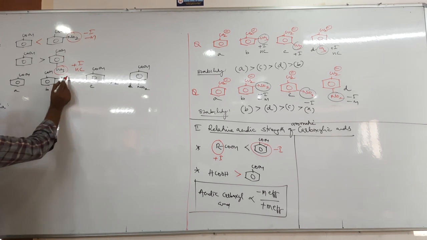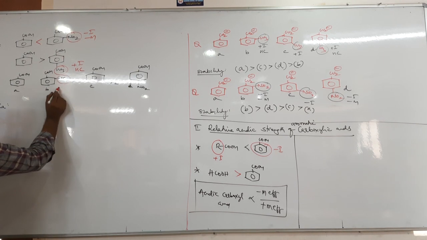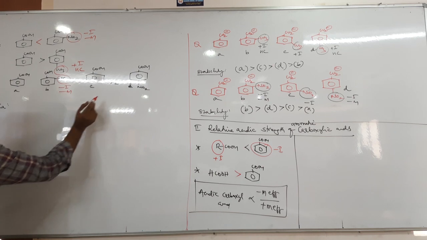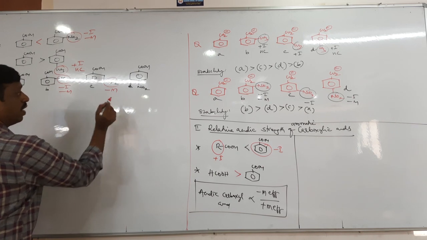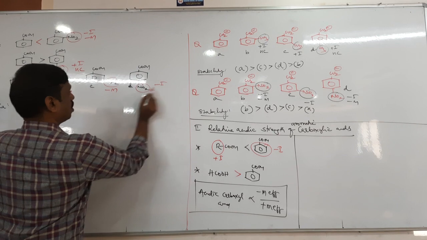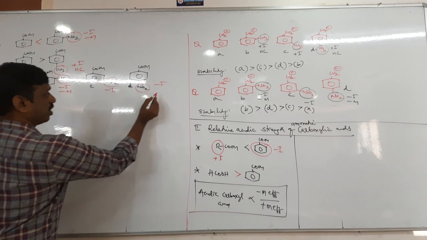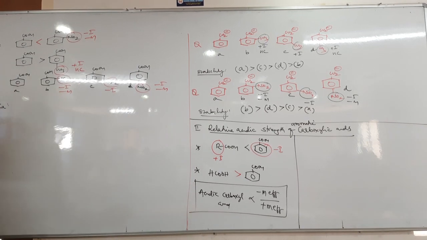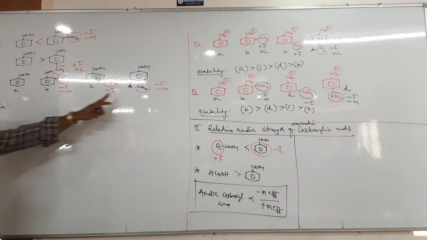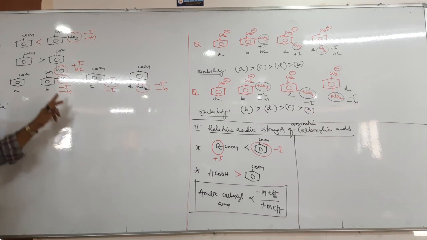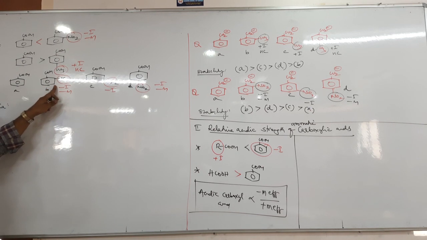See, first of all you try to identify the groups. It is minus I minus M. This is minus M. This is only minus I. It is minus I minus M. Then where is the electron withdrawing effect more? In case of B, because minus I and minus M will be the same here, but minus I will be more because minus I depends on distance.